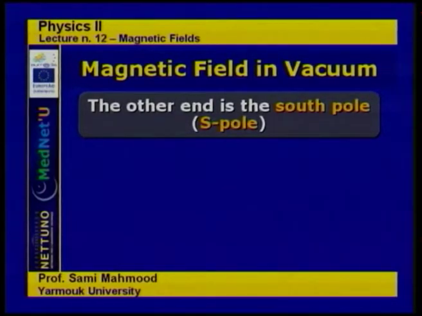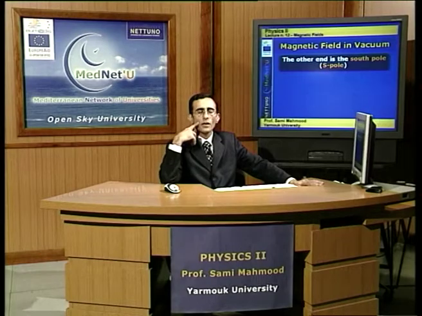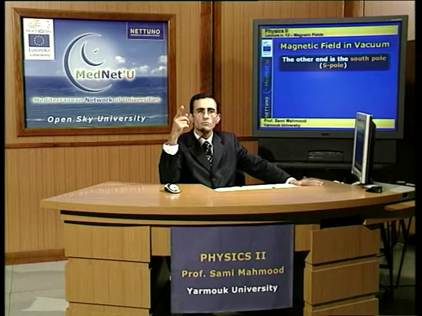So each bar magnet, instead of talking about magnetic charges, like in the case of electrostatics, we talk about positive charges and negative charges. In terms of magnetism, we talk about north pole and south pole. The north pole, which is somehow equivalent to charges in a way, is the one that always points towards the geographical north if the bar magnet is left free to rotate.